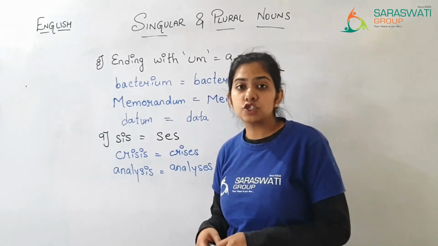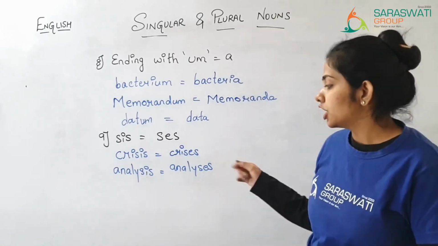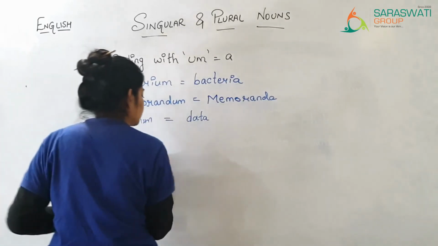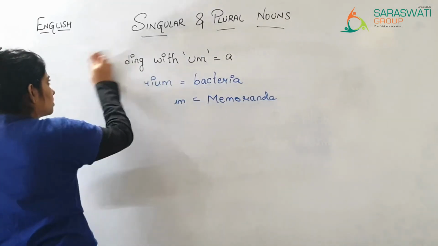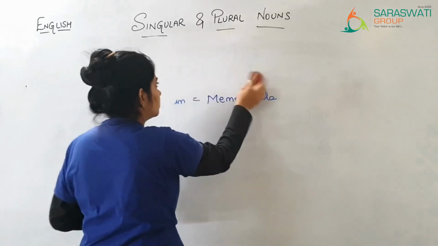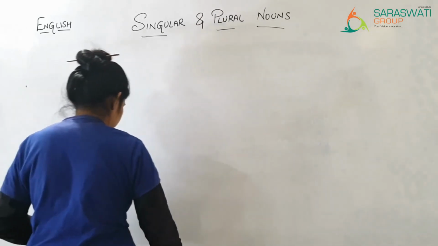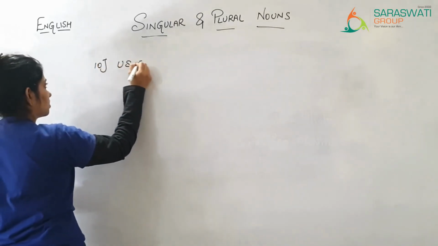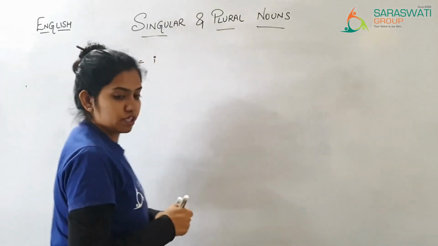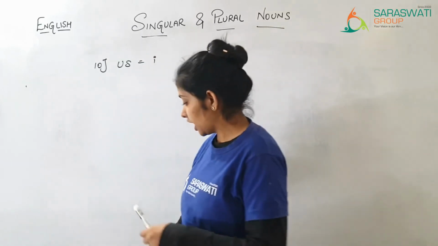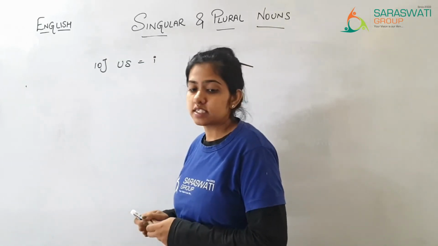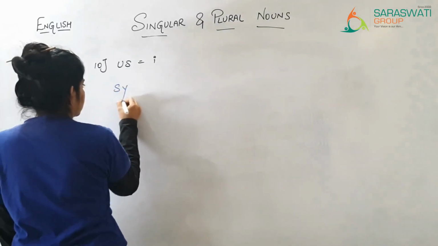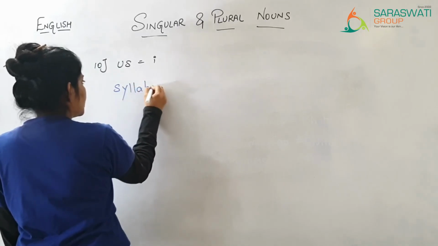Now comes our next rule, that is US equals to I. US is equal to I, right? So now if I write syllabus, syllabus is singular.